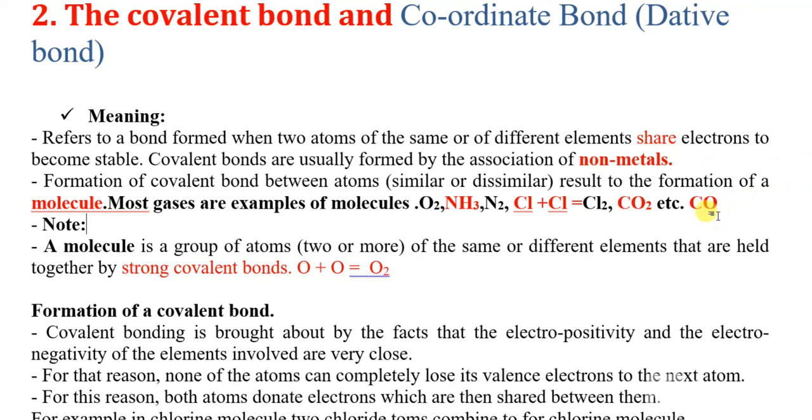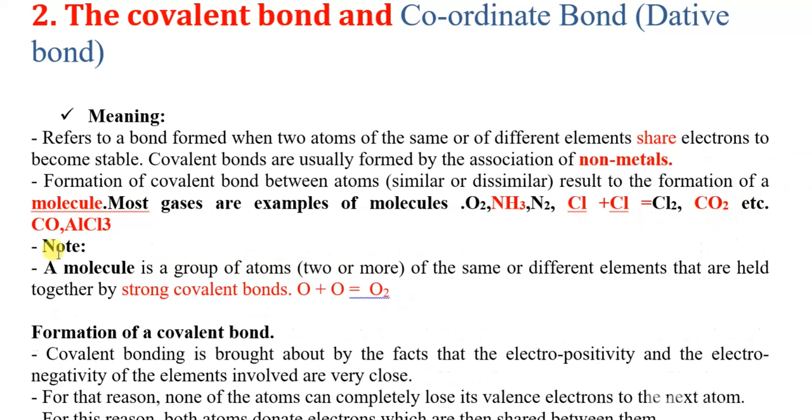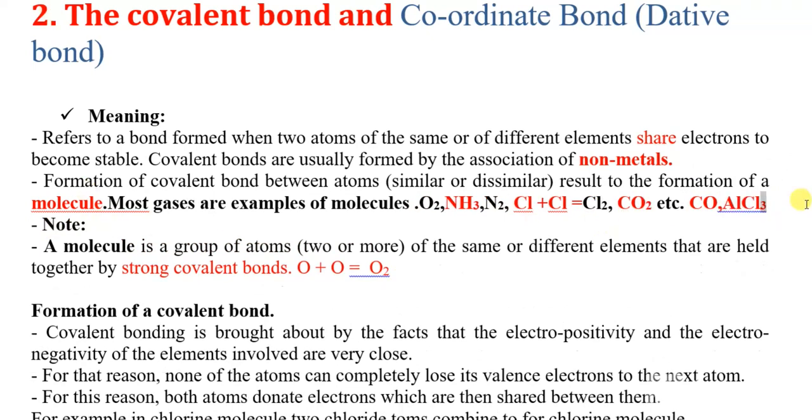So, with the exception of carbon monoxide and aluminium chloride, these two undergo dative bonding. They undergo what? Dative bonding. And you should know what dative bonding is as we are going to define it.